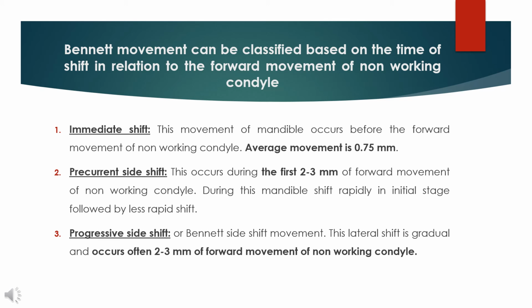During this, the mandible shifts rapidly in the initial stage, that is 2 to 3 mm lateral shift, followed by the less rapid shift. Next is progressive side shift, which is otherwise called Bennett side shift movement. This lateral shift is gradual and occurs after 2 to 3 mm of forward movement of non-working condyle.